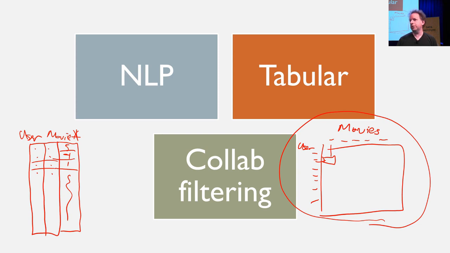But most of the time you won't store it that way explicitly, because most of the time you'll have what's called a very sparse matrix, which is to say most users haven't watched most movies, or most customers haven't purchased most products. So if you store it as a matrix where every combination of customer and product is a separate cell in that matrix, it's going to be enormous.